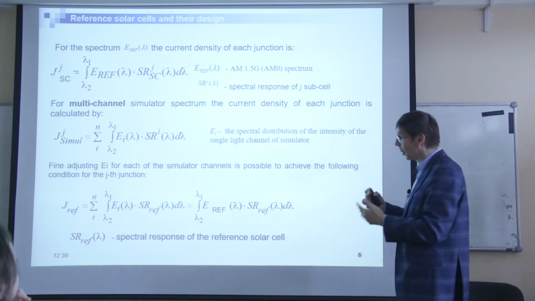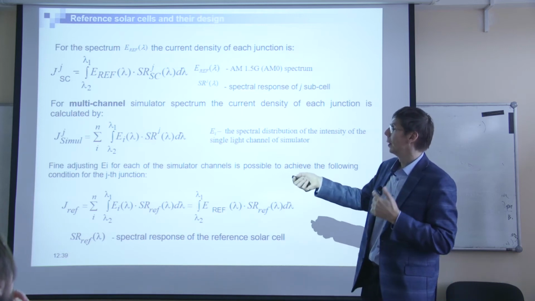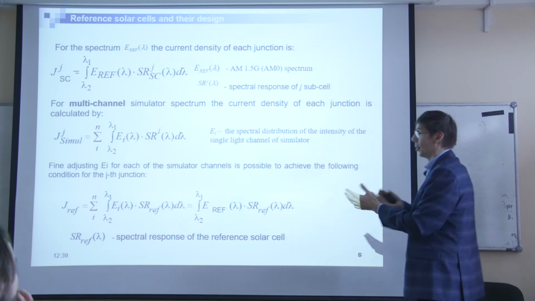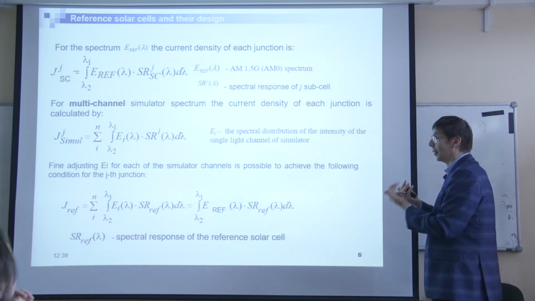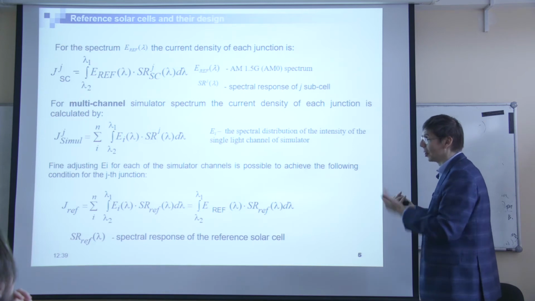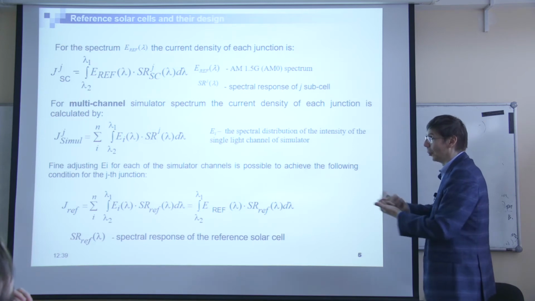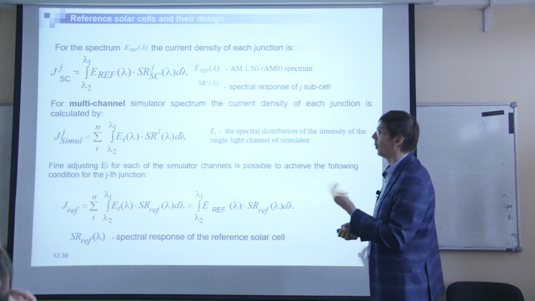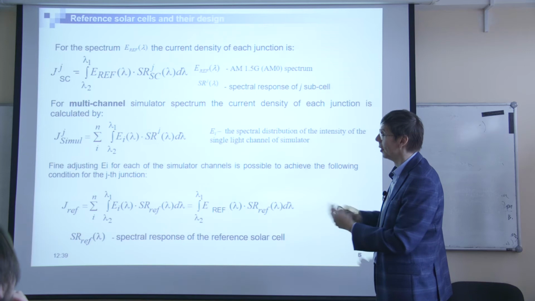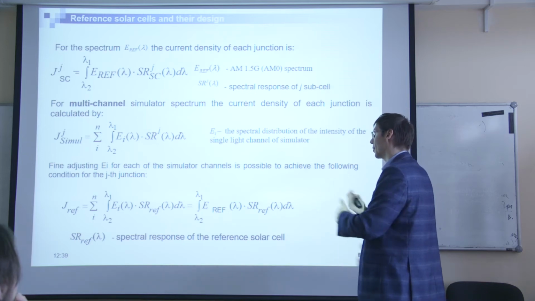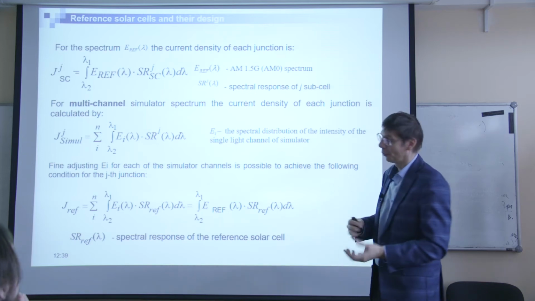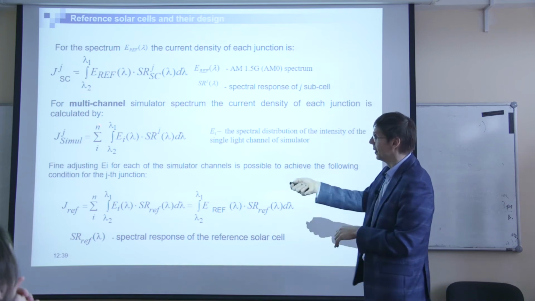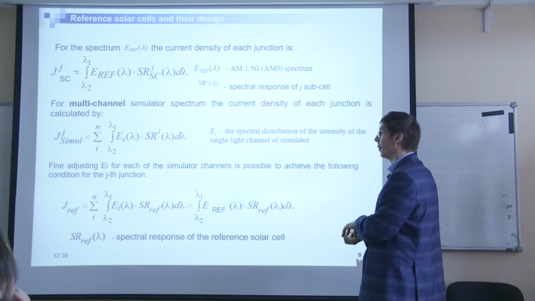The system is a little bit more complicated, because it's easy to adjust for one junction. Actually, for one junction you need only one channel to adjust intensity. You understand? But it's more complicated even if you have two junctions and two channels. You make some iteration, because you provide some set of intensity for one junction, but it doesn't cover another one.